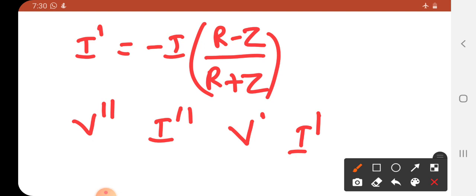There is a possibility here to check your derivations. In the case of open end line, the value of R is equal to infinity. In the case of short circuit line, the value of R is equal to 0. So now let us check whether it is right or wrong.